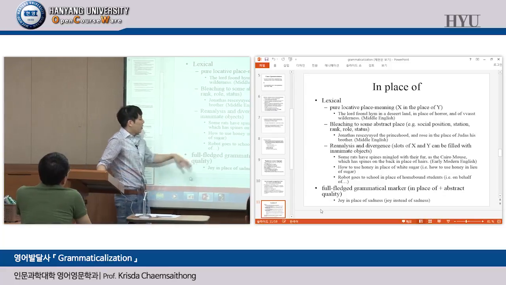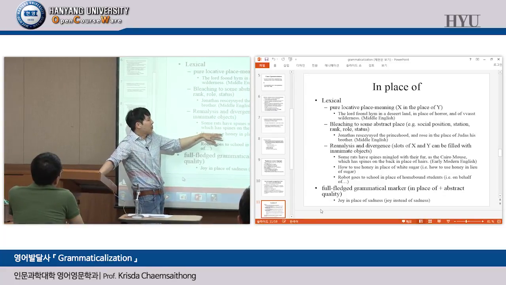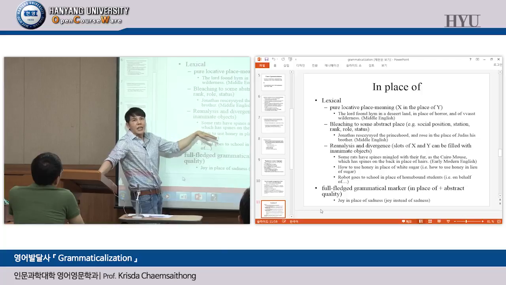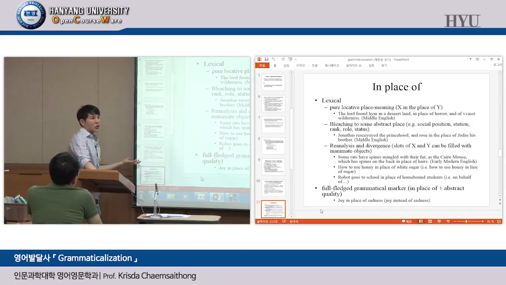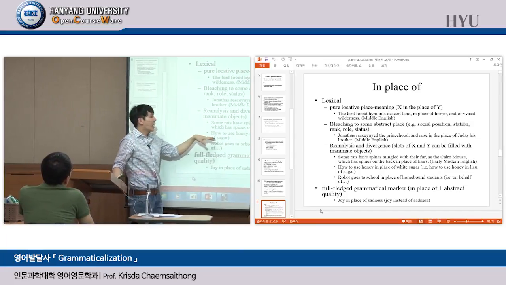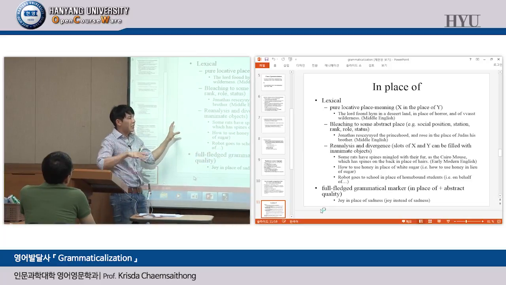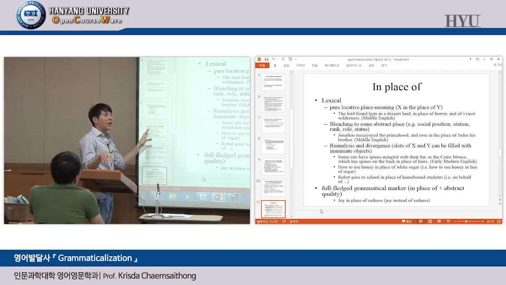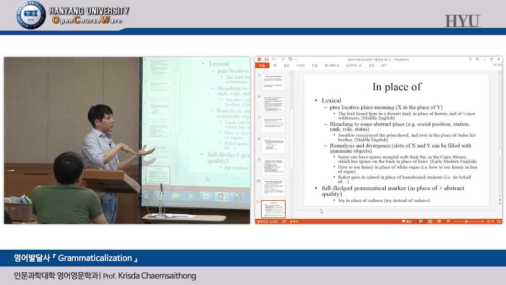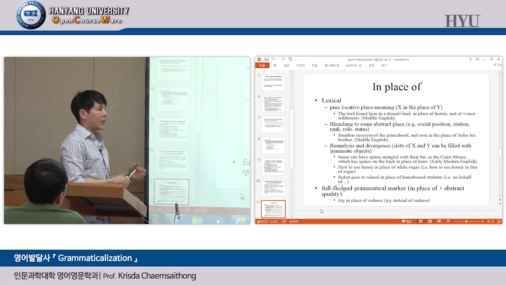Or, how to use honey in place of white sugar. This is not a physical location for sure. So the honey is the subject here. Honey is in place of white sugar, meaning honey substitutes for sugar.